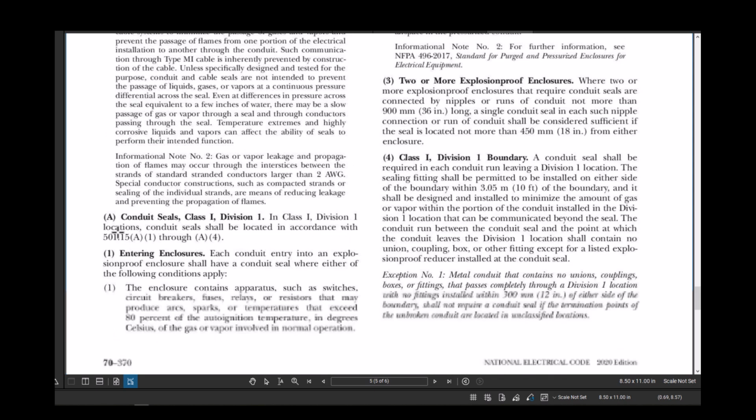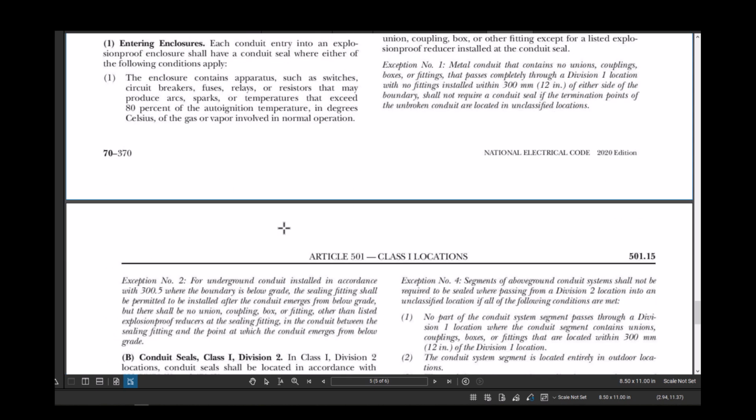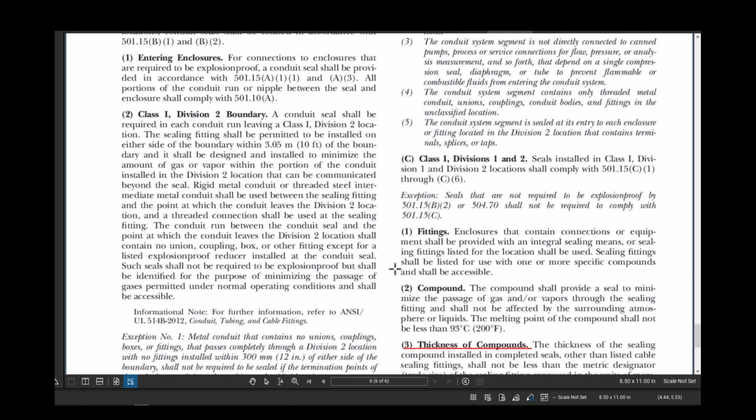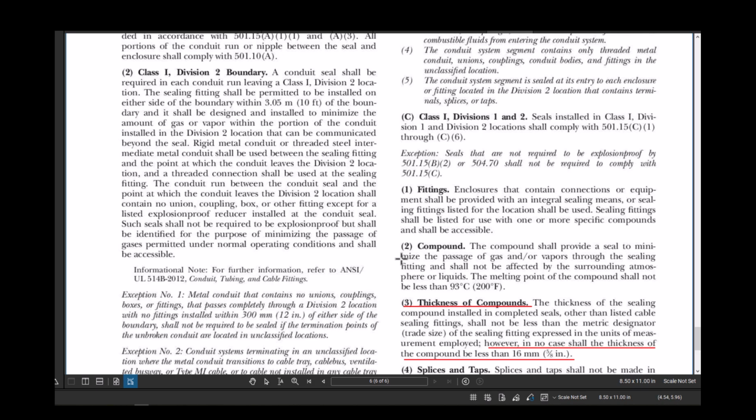501.15 A, B, C, 2. If you see here, the compound here talks about the temperature, so it is not C2, it should be C3. Let's make one more correction to see what it says.